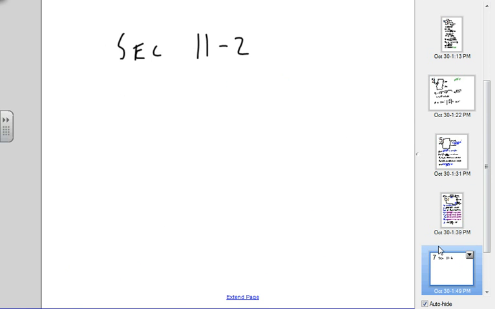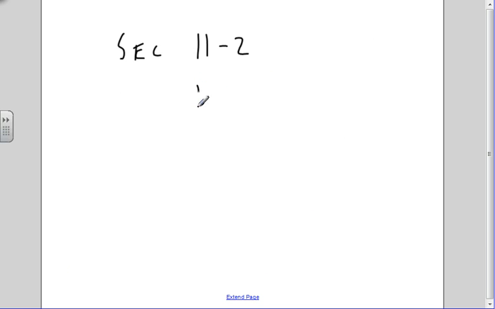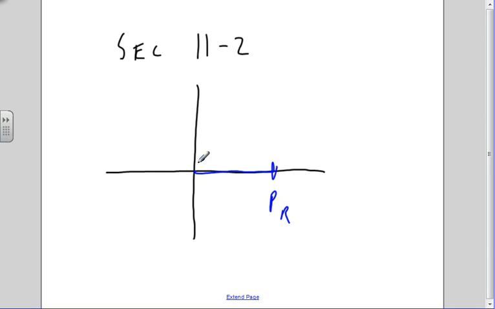Okay. So now we're on 11.2, and we're talking about apparent power. So when I look at my XY plane, this way I have real power, that way I have imaginary power, and this way I have apparent power. And apparent power is what you're paying for at your meter. Your meter is cranking down apparent power.